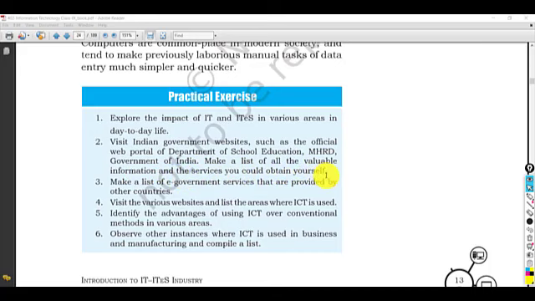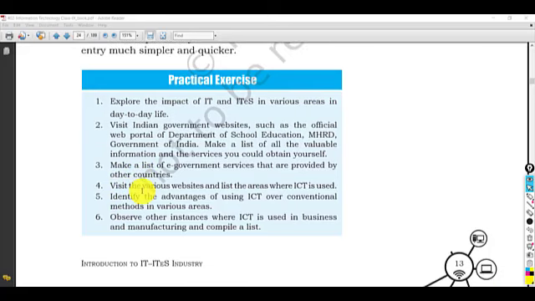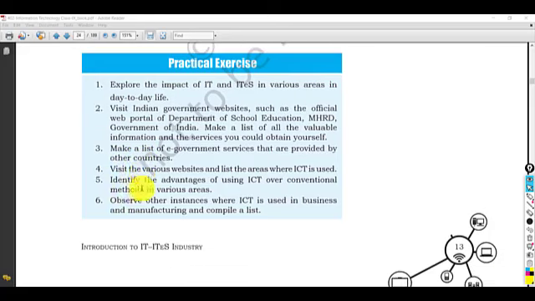From the CBSE portal, which type of service you get and how it is useful for you, make a list. Make a list of e-government services provided by other countries, meaning which types of services are provided by other countries with the help of IT applications.